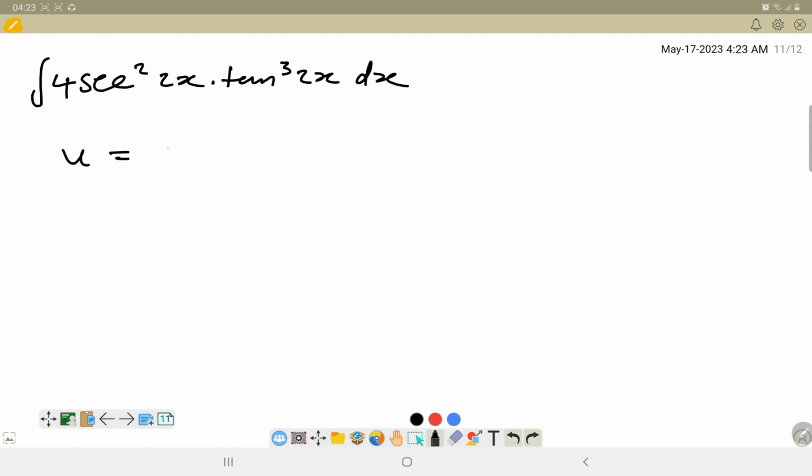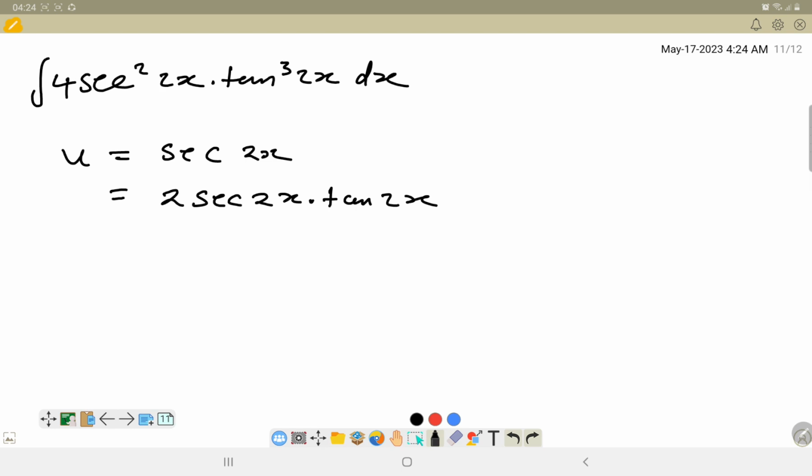So it is advisable to take tan 2x as our u, because if, for example, we take u as sec 2x, we know that when we differentiate this, it won't give us tan, because the derivative of a sec is actually going to give us 2 sec 2x times tan 2x.